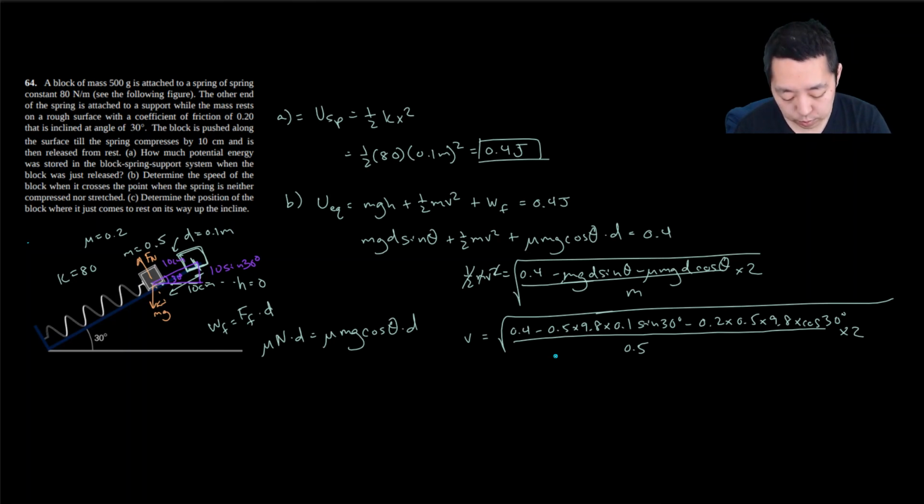Let me see. I seem to have gotten 0.5. Actually, it's not... I don't think it's 10 centimeters. Let me think. It's going to be less than 10 centimeters because of this. Because what I ended up getting when I did this expression, I got a negative number up here, which means I went too far.